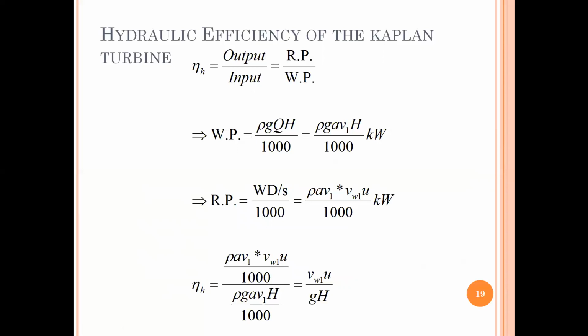In your Francis and Kaplan turbine, we calculate hydraulic efficiency with respect to water power and runner power. If you simplify it, we get VW1 U by G H, where VW1 is the velocity of whirl at inlet, U is the velocity of the blade, G is acceleration due to gravity, and H is the net head.